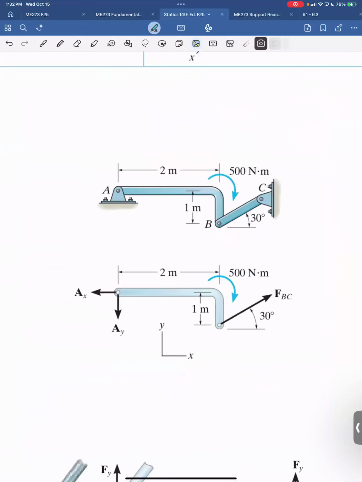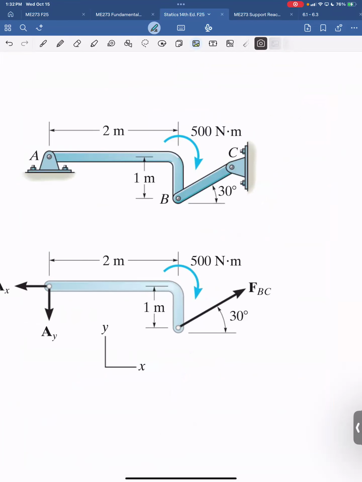So the most important thing is to do a good free body diagram. And the technique to do that is, here's the problem statement. It shows you, in this case, a couple of links. Both of them are pinned. And you draw an imaginary line around the entire object.